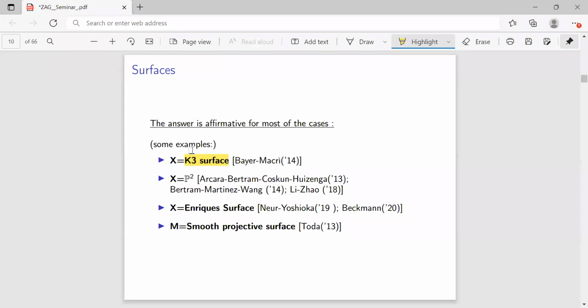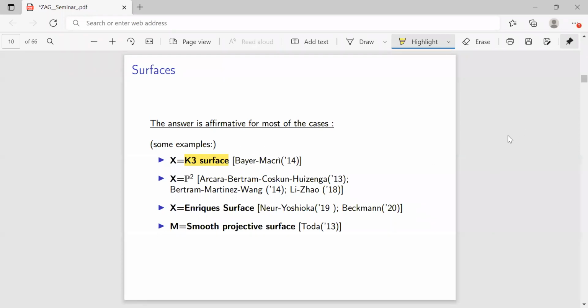For the case when X is P2, for example the Hilbert scheme of points in P2, the result is due to Arcara, Bertram, Coskun, Huizenga, and also Bertram, Martinez, Wang, and also Chunyi Li and Xiaolei Zhao. And when X is an Enriques surface, the result is due to Nuer and Yoshioka, and also Thorsten Beckmann. And when X is a smooth projective surface, the result is due to Toda.